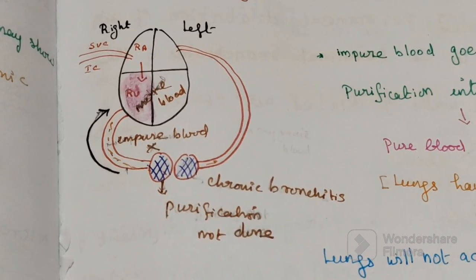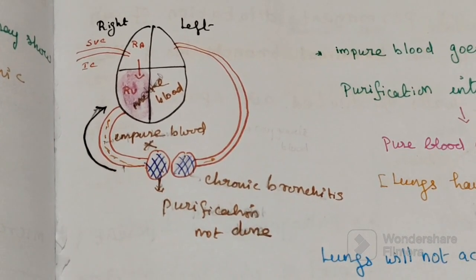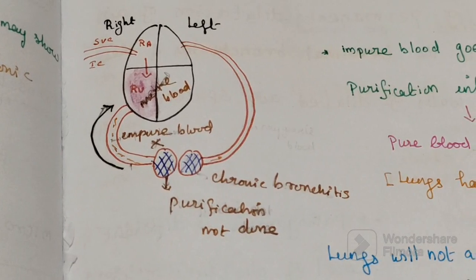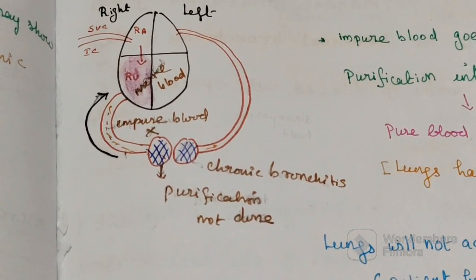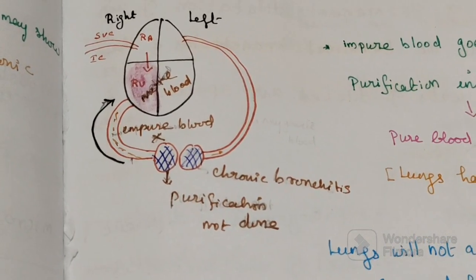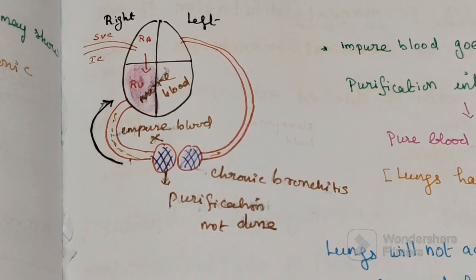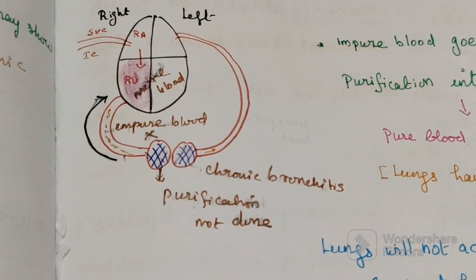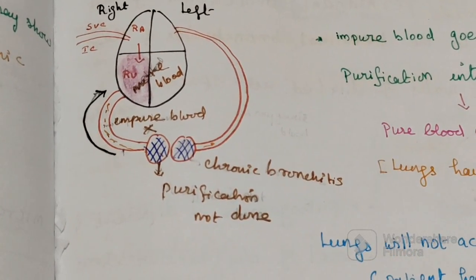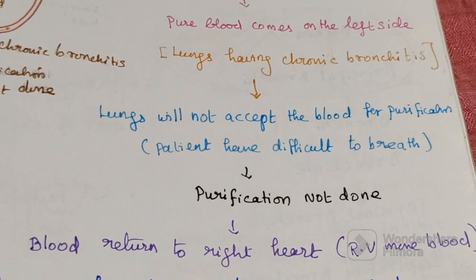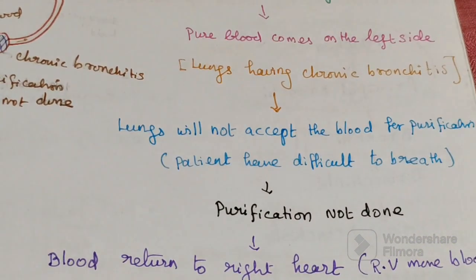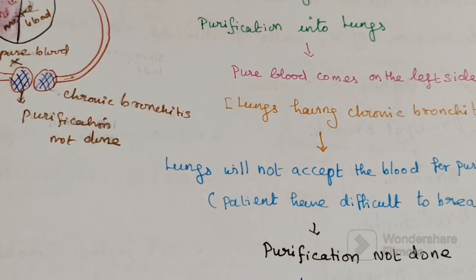That's why a patient with chronic bronchitis presents with right ventricular hypertrophy. Chronic bronchitis is a disease of the lungs and it eventually leads to right ventricular hypertrophy, or right heart failure.